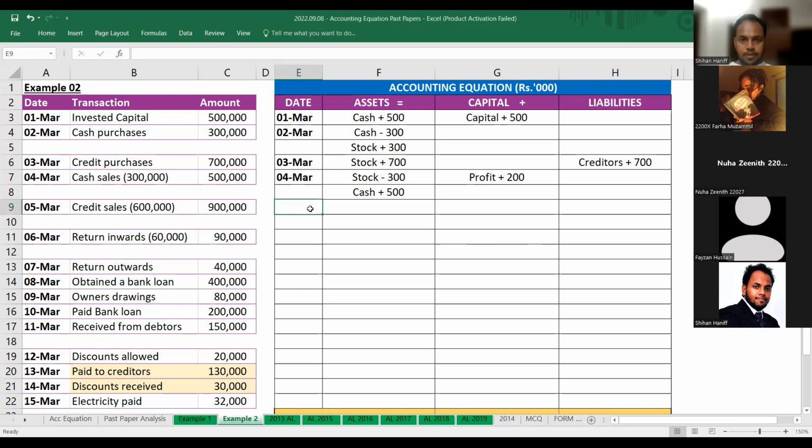Fifth March, credit sales. So we are selling on credit. When we are selling on credit, we are not getting the money from the customer. So if we are not getting the money from the customer, it will create a debtor balance.